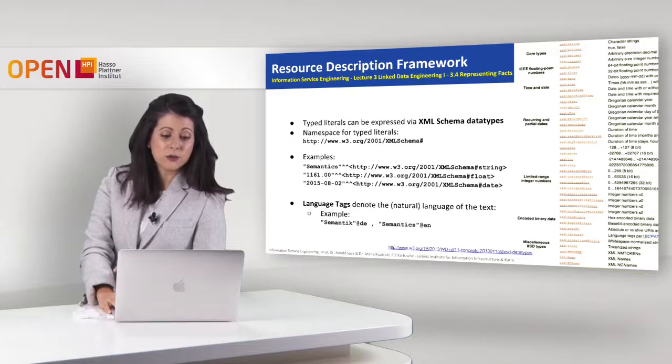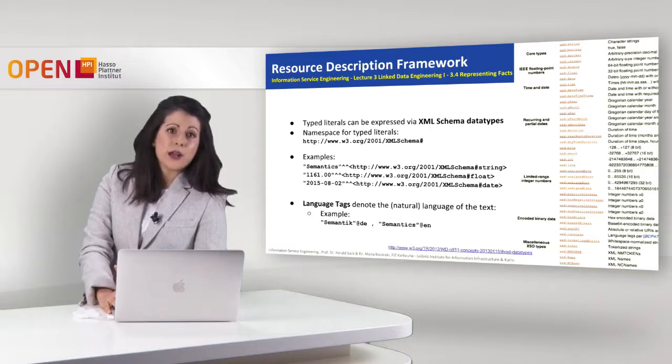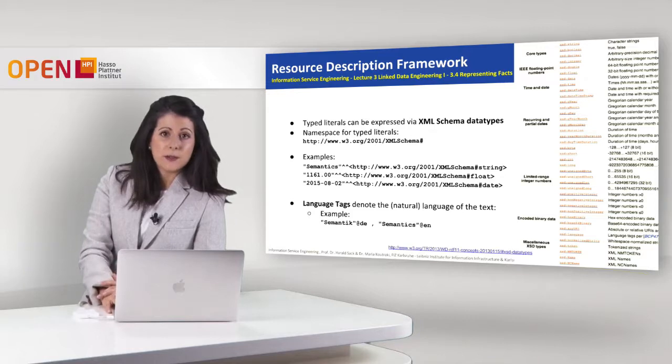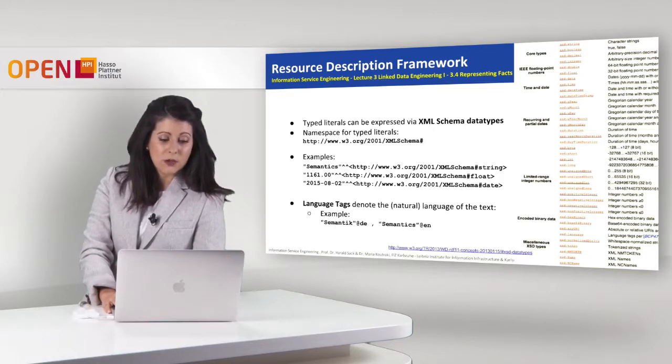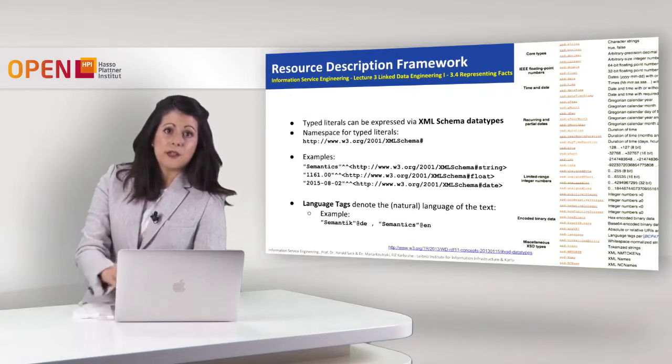And let's go a bit deeper into the literals. The literals can be typed literals, expressed by the XML schema data types, which you can see in the right part of the slide. So the namespace here for the typed literals is the following, http://w3.org/2001/XMLSchema. So it always comes before.